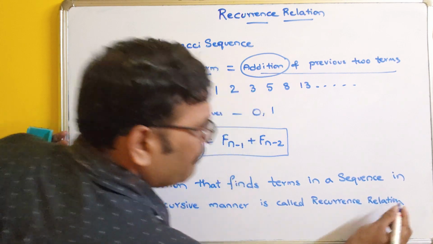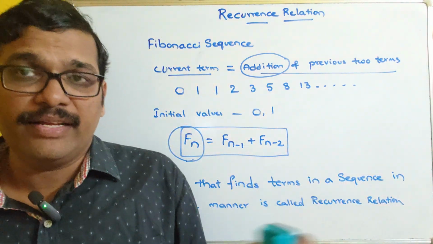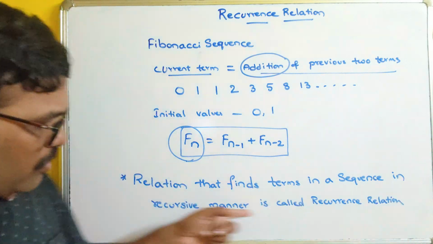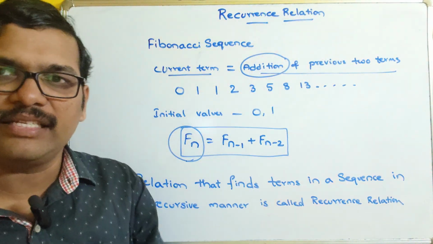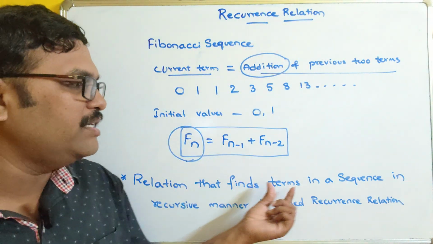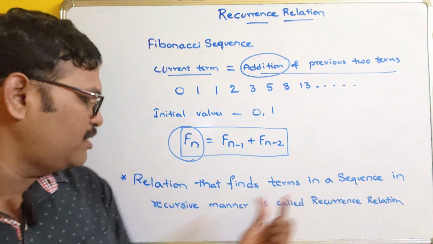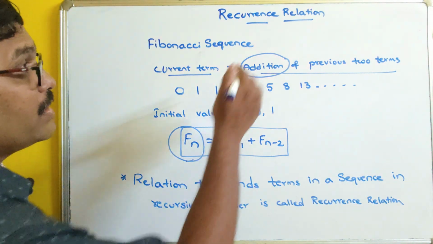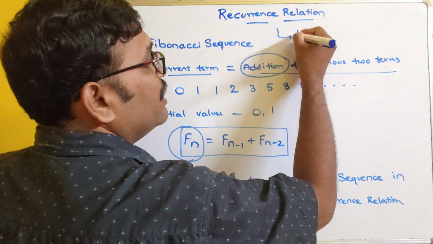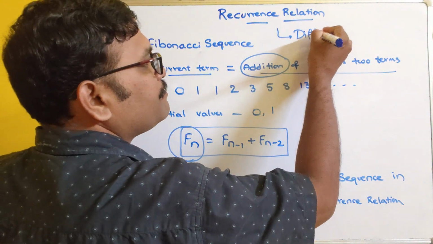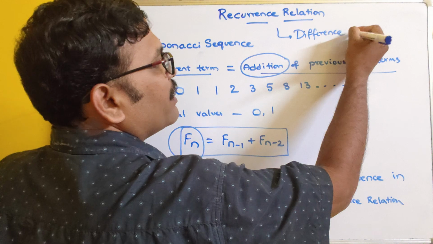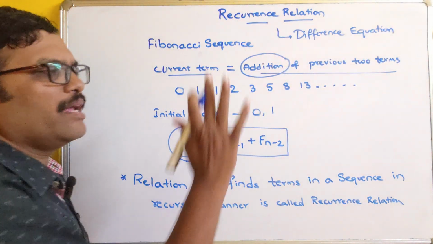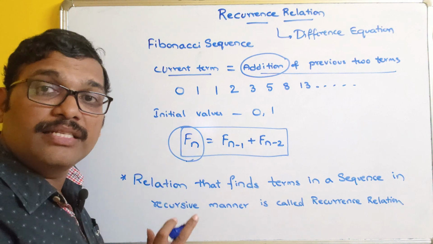Particularly if there is any sequence or series, the current term depends upon the previous terms, and we call that a recurrence relation. This recurrence relation is also called a difference equation.